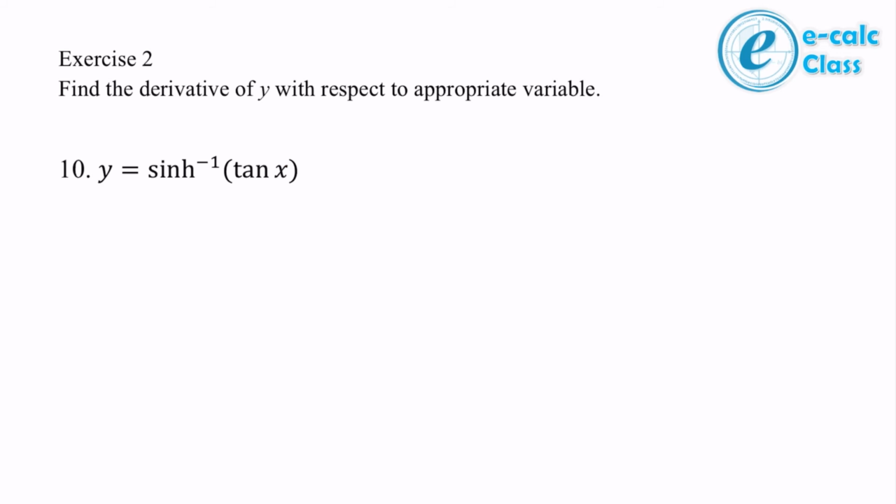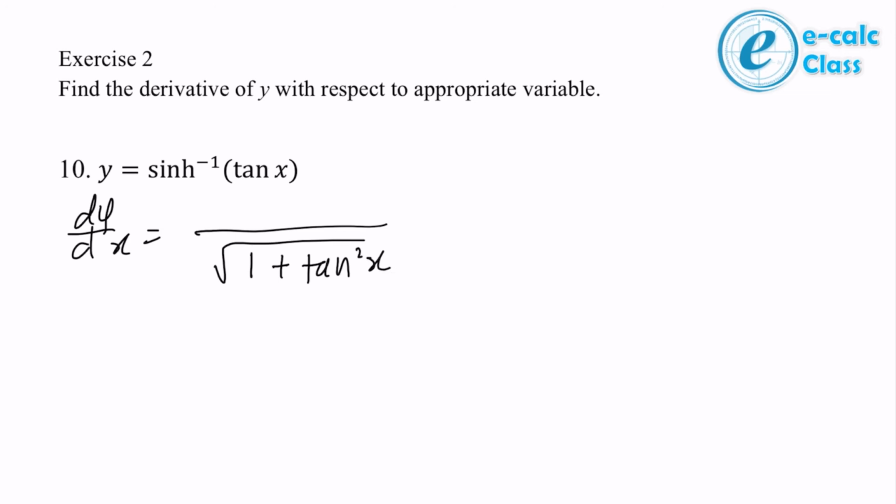Last one. Sinh, then you have a tangent inside, so obviously you need to do chain rule again. dy/dx is, sinh inverse is 1 over square root, start with 1, it is plus, because for sin inverse it is negative, for sinh inverse it is positive. Square whatever you have inside, differentiate whatever you have inside, and you know what?